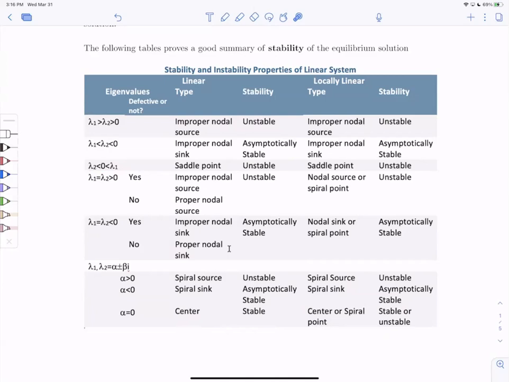When we have a center, which is when you have pure imaginary eigenvalues, instead of just a center you could have spiral points as well, and you don't know if it's stable or unstable. It could be stable, could be unstable. Also, when we have repeated eigenvalues, you could have spiral points. Before we only had nodal source or nodal sink, but now it's possible that you have a spiral point. So it really depends on your system, but everything else is the same.